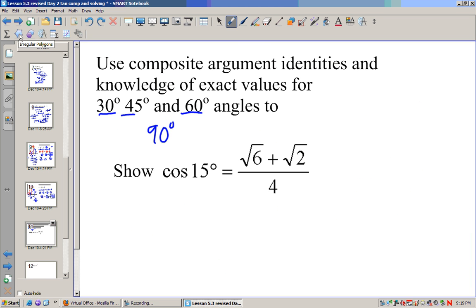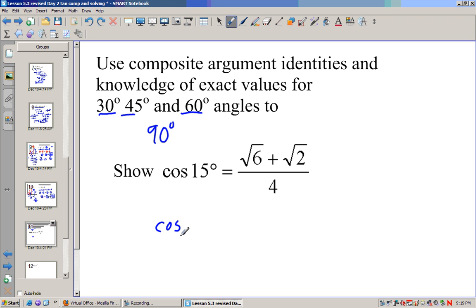Alright, now if I want to use my knowledge about 30, 45, 60, and 90 degree angles, how can I find what the cosine of 15 is? Well, what I can do is 45 minus 30 is 15.